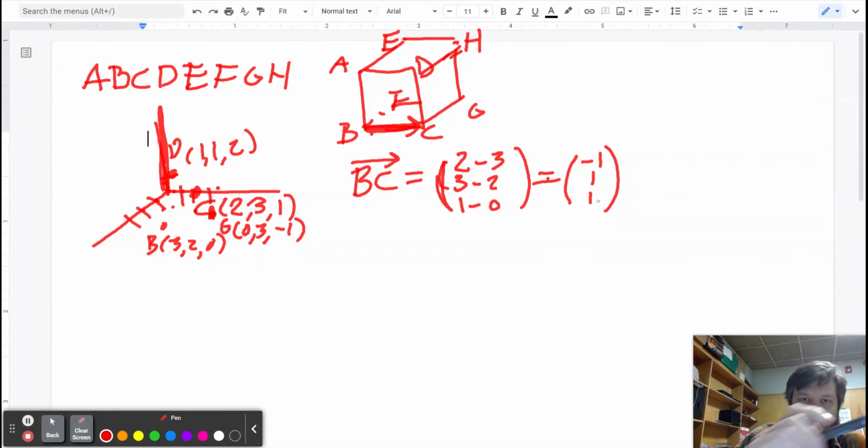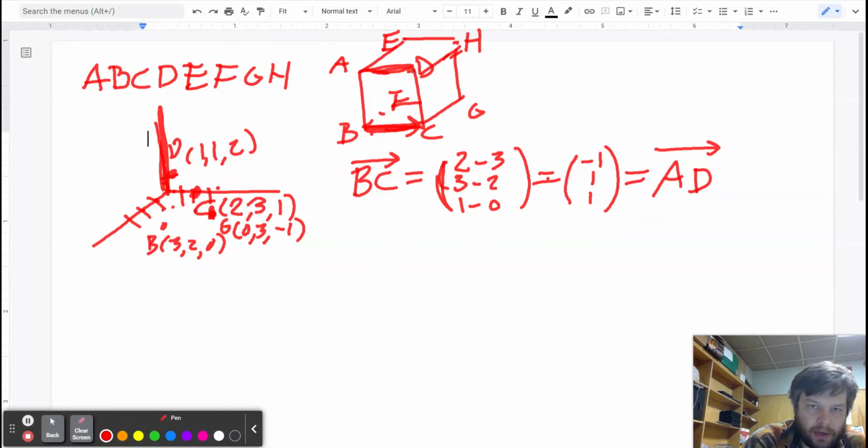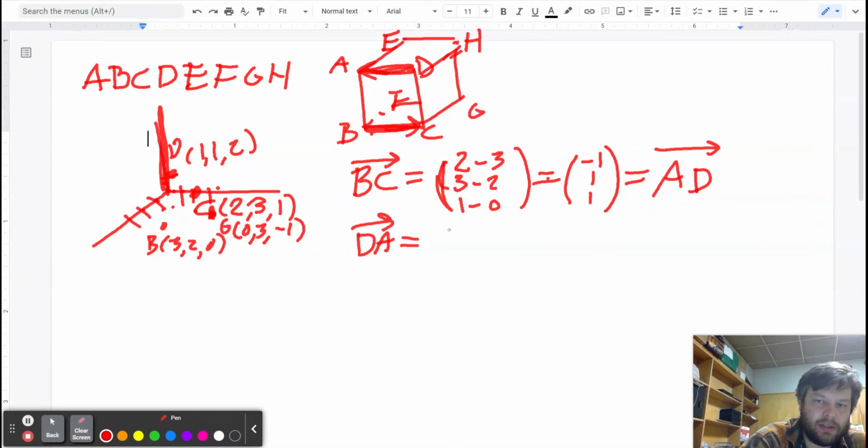And so that means that if I want to do the same thing, A to D is going to be the same vector because they're moving in the same direction. If I wanted to move from D to A, then what I know is it's just the opposite direction: (1, -1, -1). So what I can do is I know the coordinates of D. D equals (1, 1, 2).